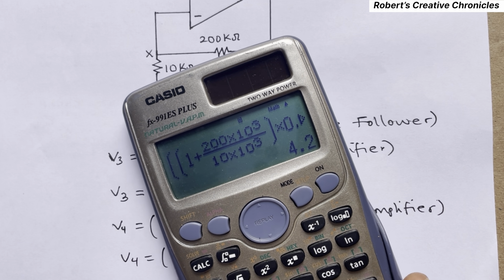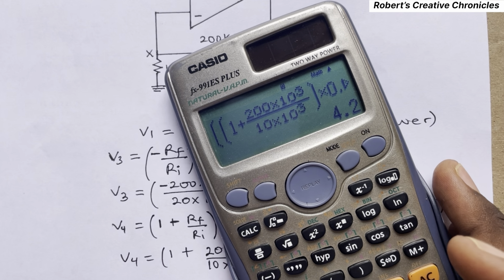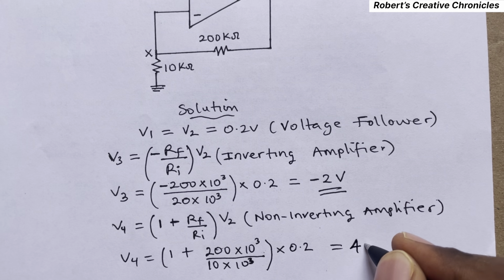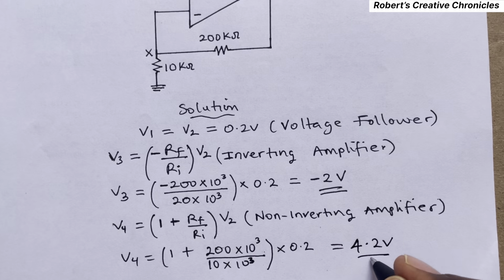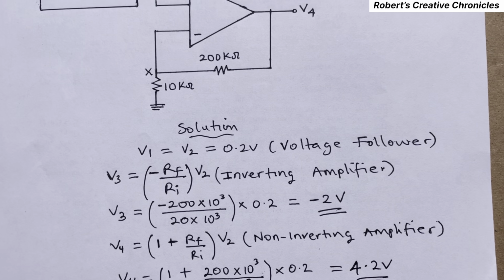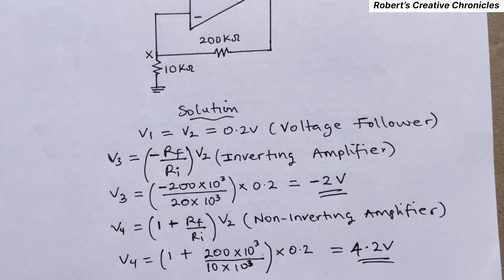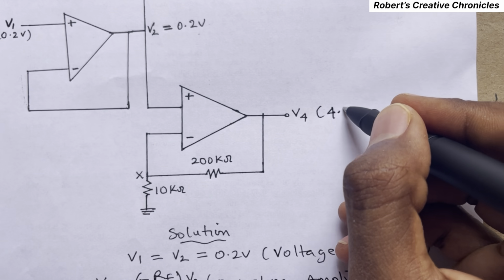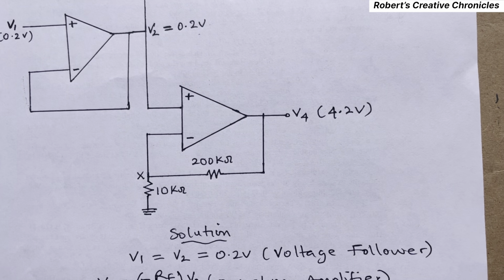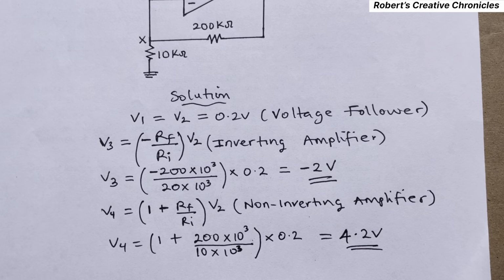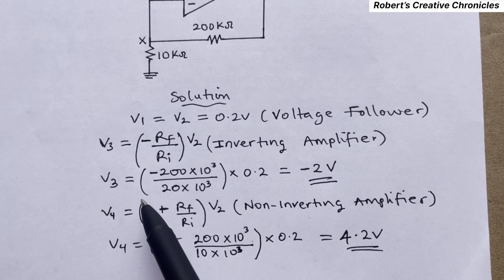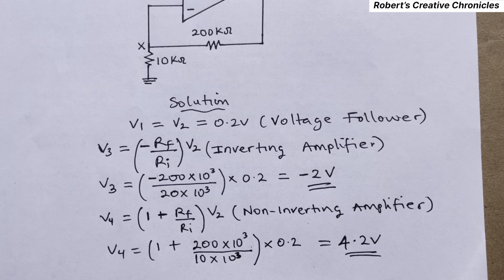So this is 4.2 volts. So that is all. We have successfully solved this circuit to find V2, V3 and V4.